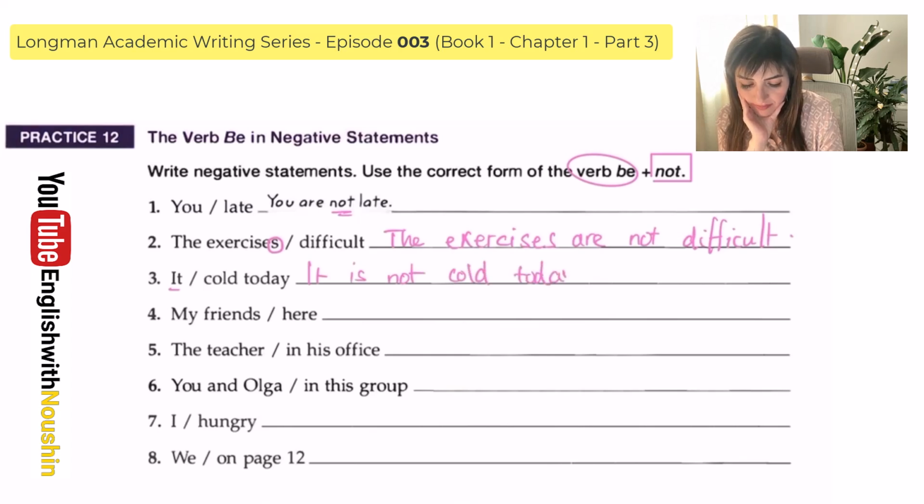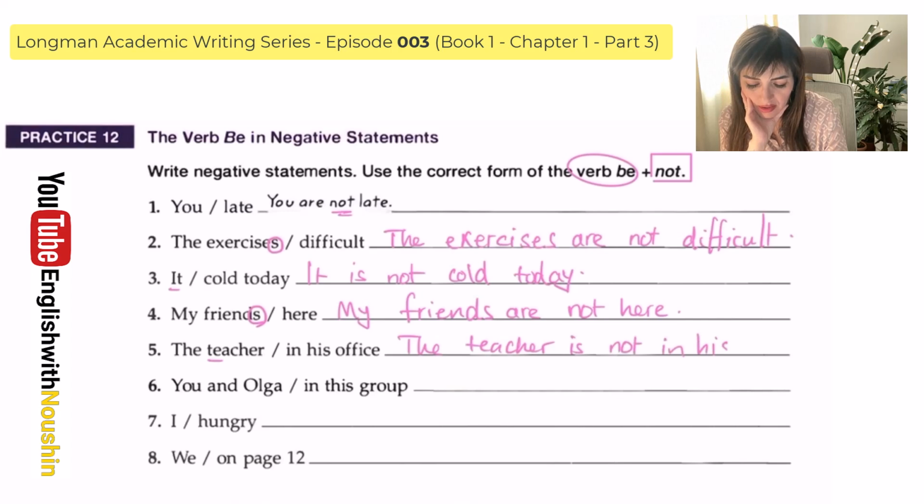My friends, plural. My friends are not here. Full stop. The teacher, one person. The teacher is not in his office.